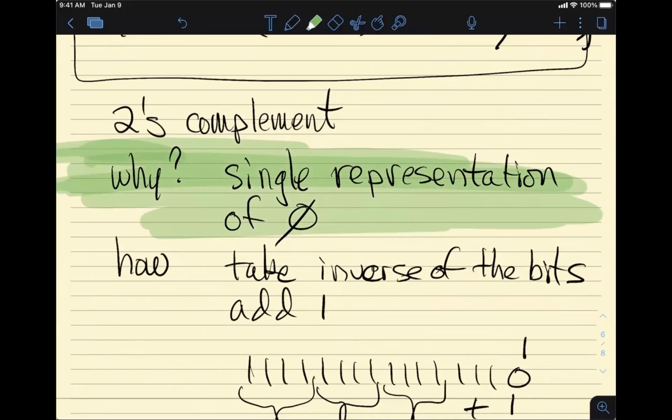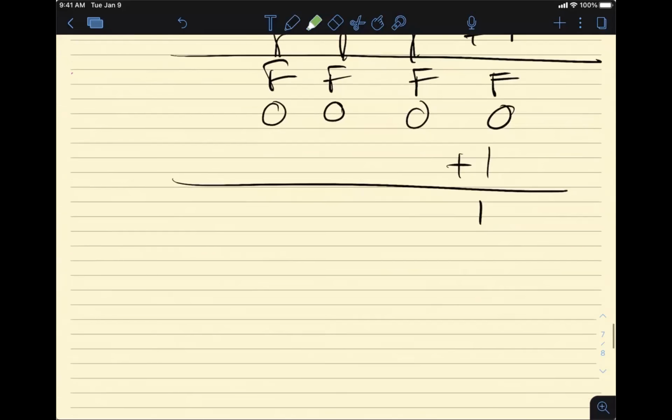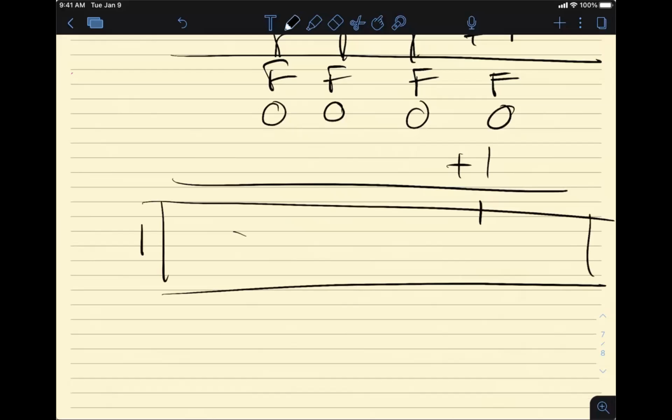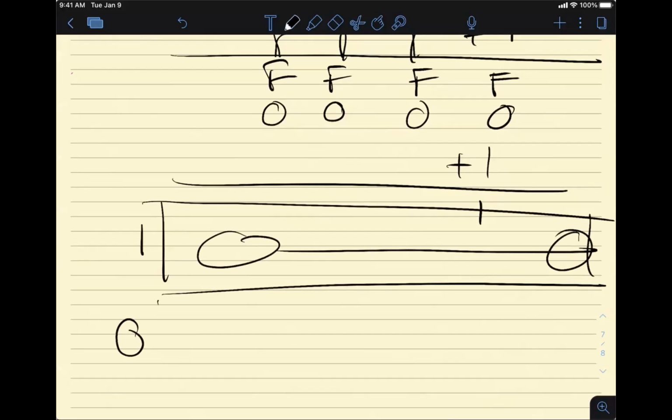Okay, because without 2's complement, it would be possible to have, here's your sign bit, and then here's all zeros. And you could also have this.